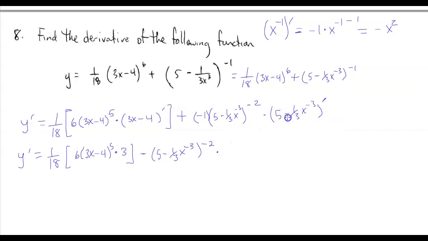And now we take the derivative of the inside function here. The derivative of any constant is 0. The derivative of -1/3 times x raised to -3 is minus 1/3 times the -3 x raised to the -3 minus 1.